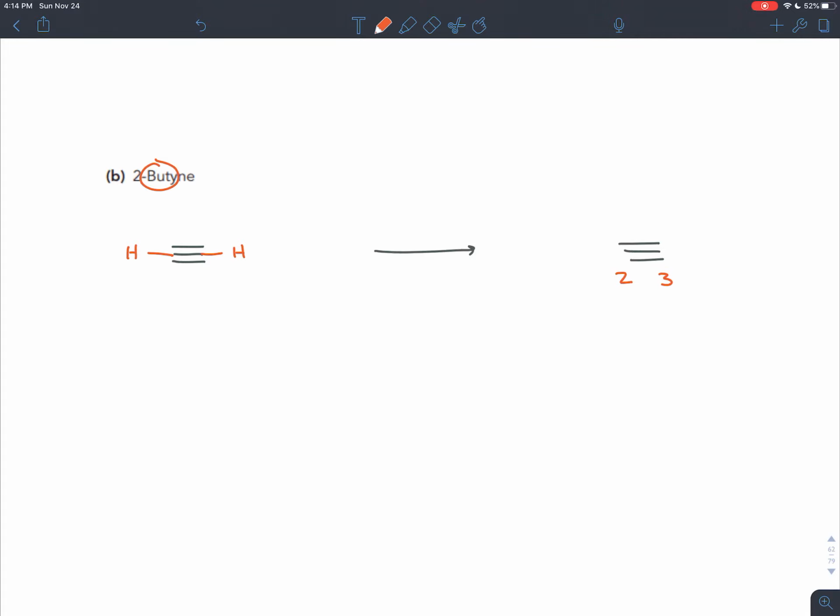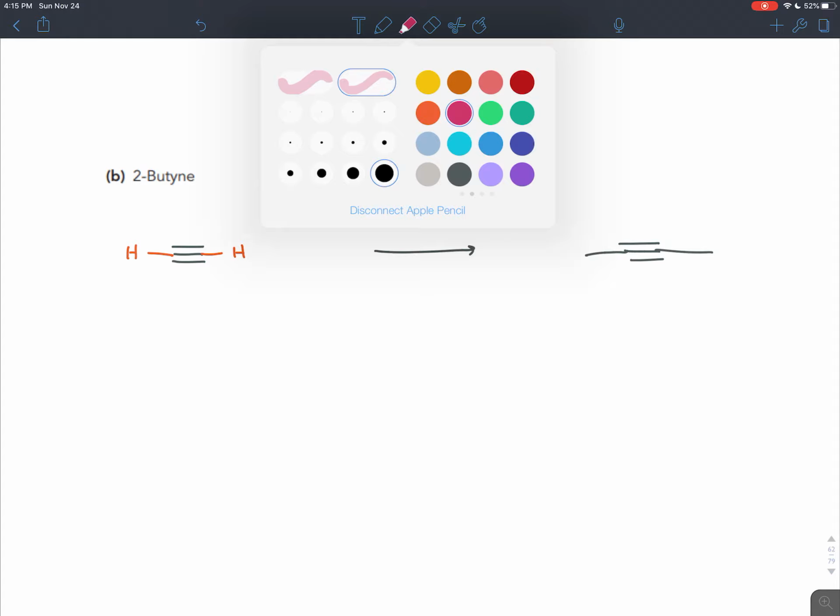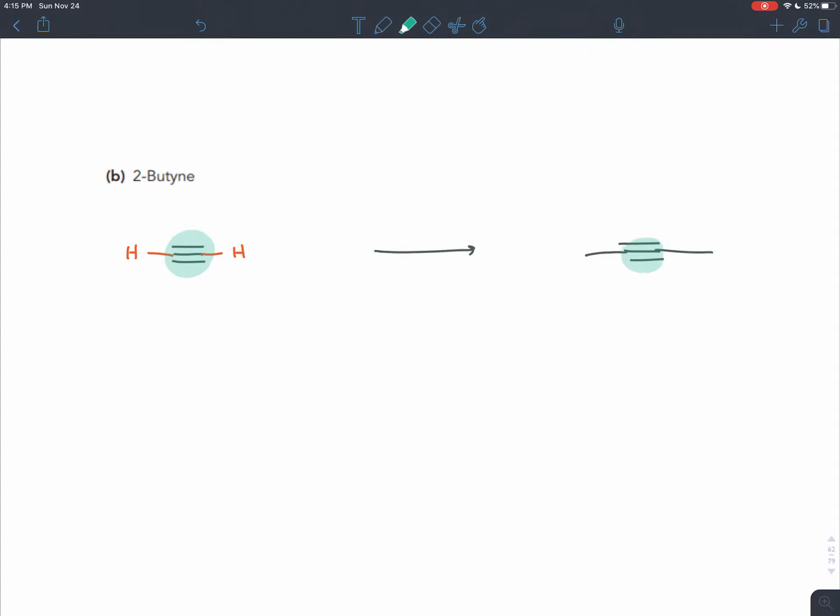Now because the prefix is but-, we know that we need 4 carbons total, so 1 to the left, 1 to the right, that gives me 4. Notice it has to be linear. Okay, well what we see here are 2 new carbon-to-carbon bonds. Sure, these 2 carbons stay there, but both of the hydrogens are replaced by methyl groups.